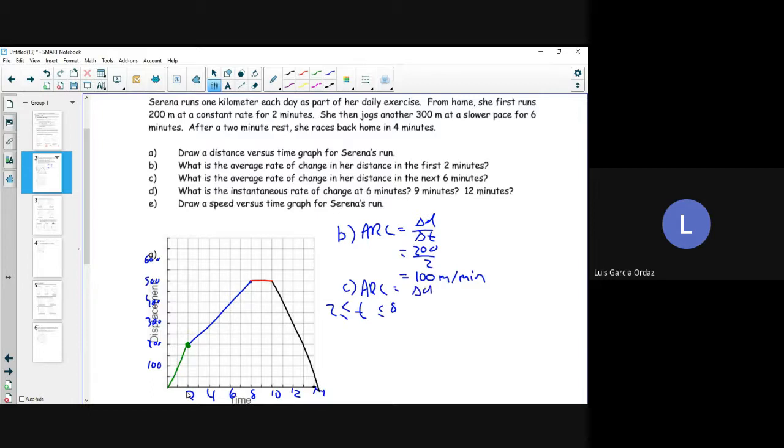So again, delta D over delta T, she ran 300 meters from 2 minutes to 8 minutes, and it took her 6 minutes, which means her average rate of change was 50 meters per minute.